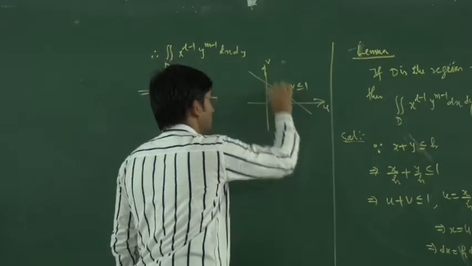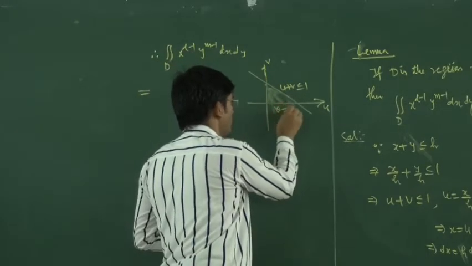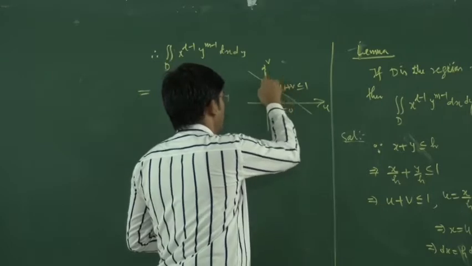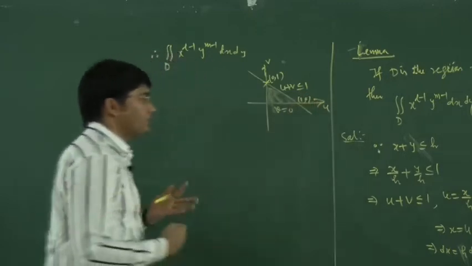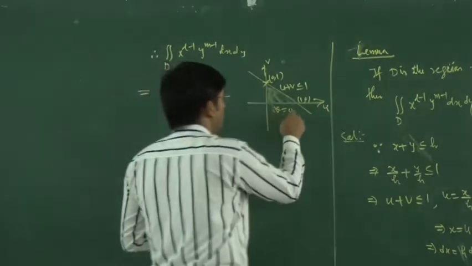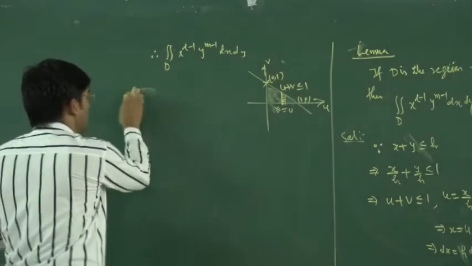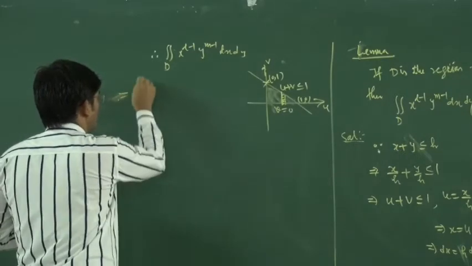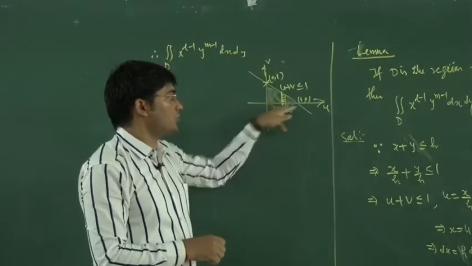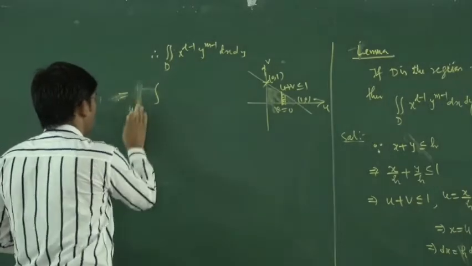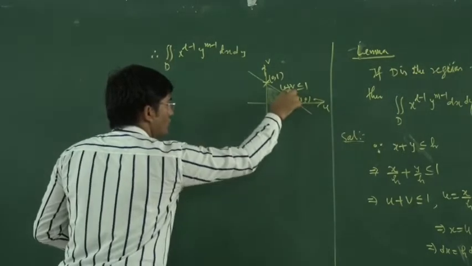So this is your region, and here we have the point 0 comma 1 and here 1 comma 0, and if you take the vertical strip, then you can see that v will be from 0 to 1 minus u. So this integral can be written with u from 0 to 1, and v from 0 to 1 minus u.